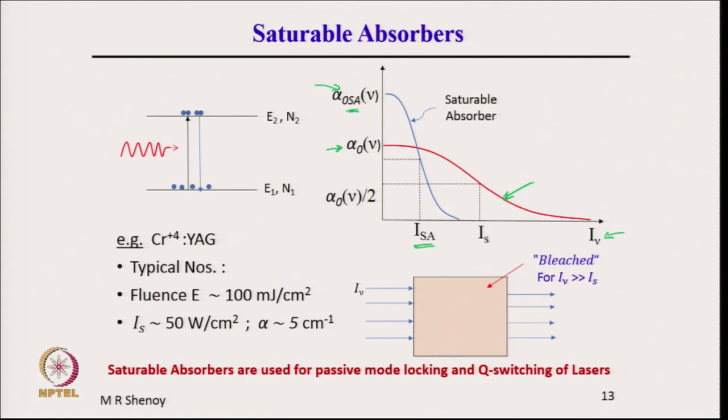So, graphically we can show qualitatively, this is a qualitative explanation, that saturable absorbers are materials which have relatively large absorption coefficient at small intensities, and it completely goes down to 0, or we call it, it gets bleached, for I nu much greater than I_SA.